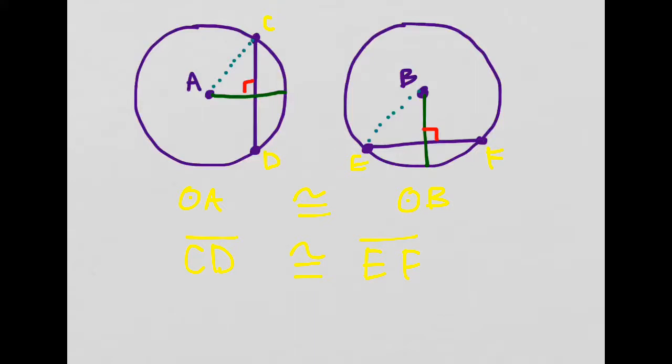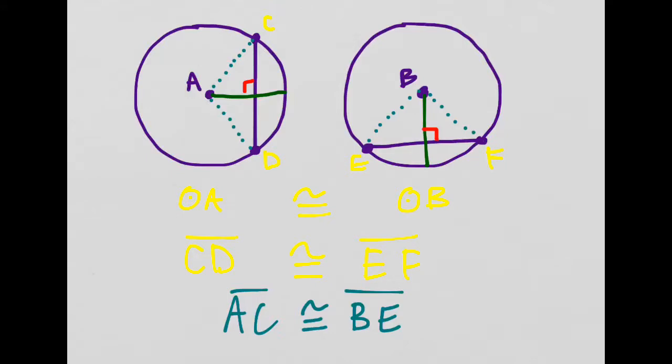So this teal dotted line, line AC, is going to be congruent to line BE. You also could say that this distance here is congruent, and either way it goes back and forth, so it doesn't really matter whichever one we have.